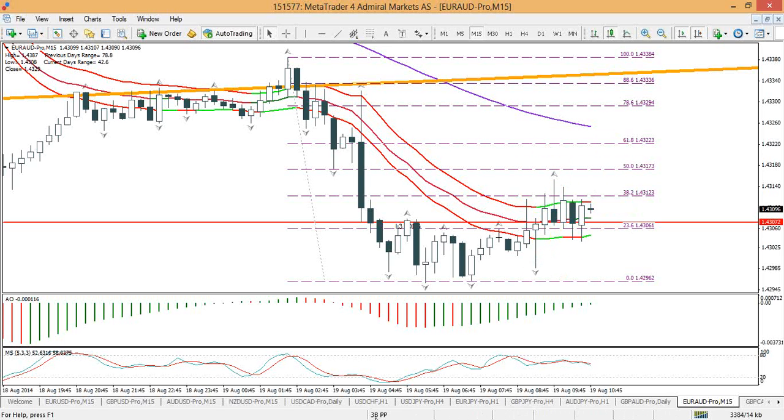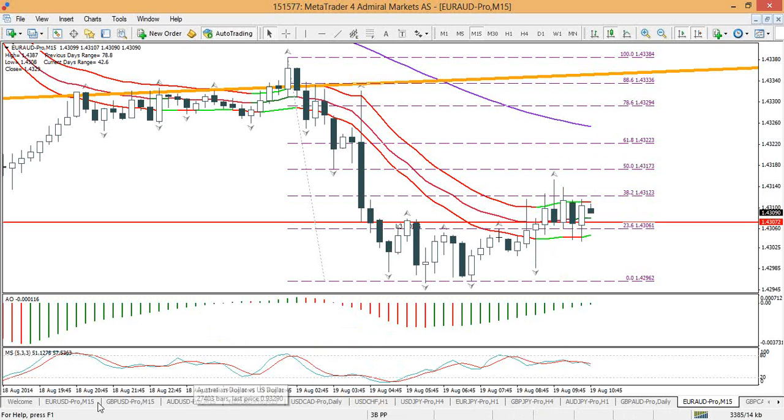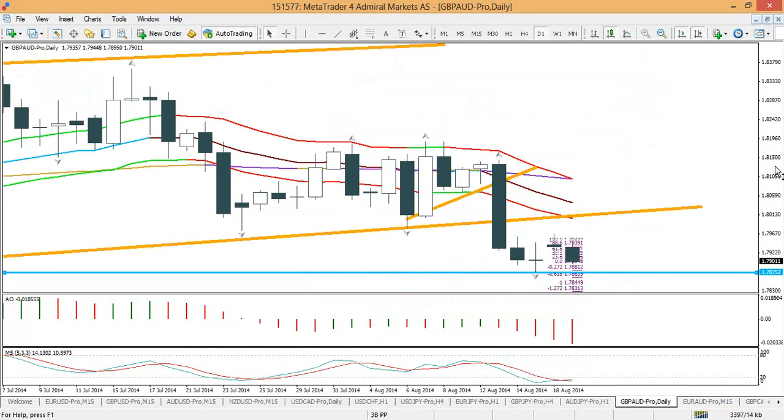Yens do not look that interesting except the New Zealand yen. Dollar CAD, dollar Swiss not interesting. The Aussie dollar didn't look interesting to me. So it's this euro odd, the Kiwi, the pound, maybe the euro dollar. And from a bigger time frame point of view, New Zealand yen, and this pound odd, I guess, for the moment.